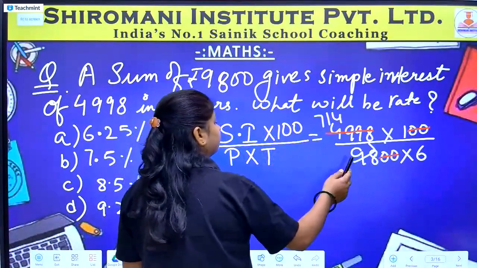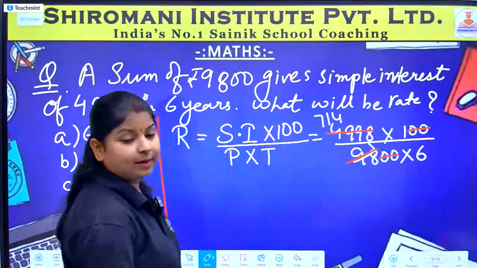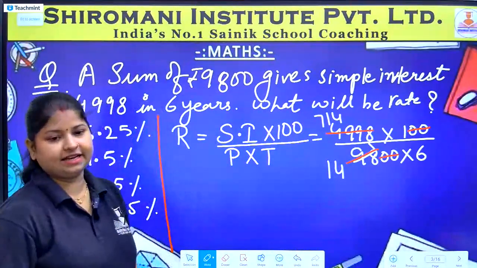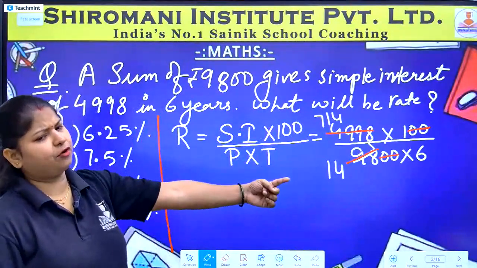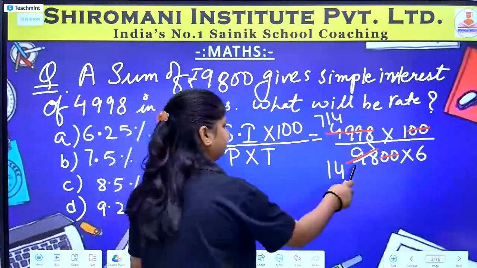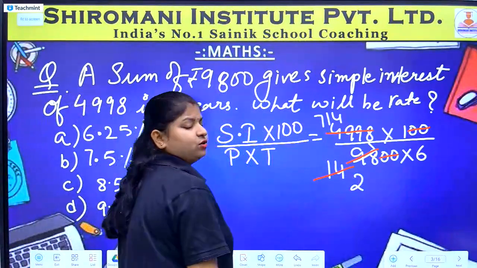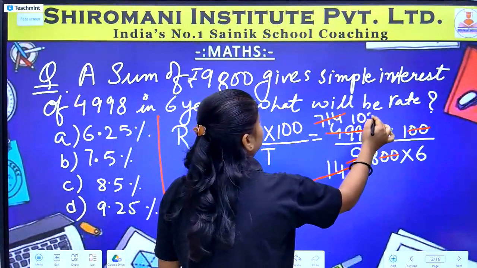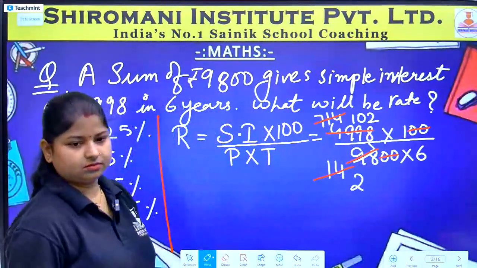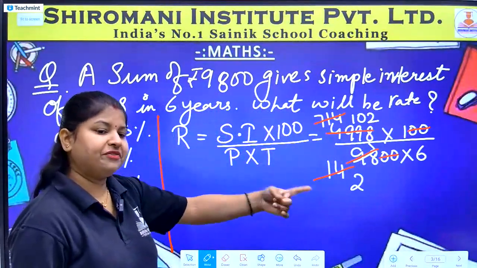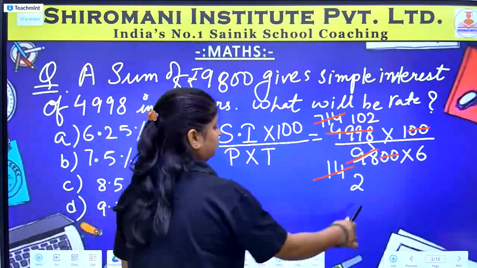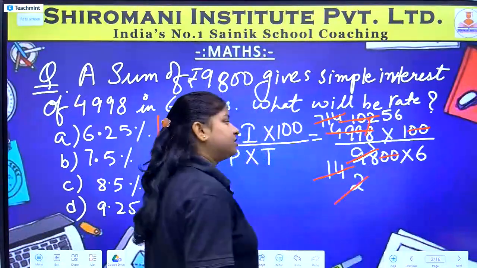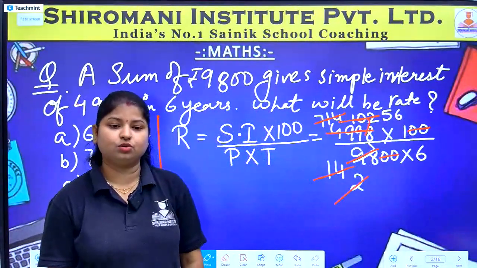And when you divide 98 by 7, I know 14 into 7 is 98. 14 again is divisible by 7. 2 times 7 is 14, and this will be divisible in 102 times. 102 divisible by 2, 2 1 is 2, and 56 times it's 102.